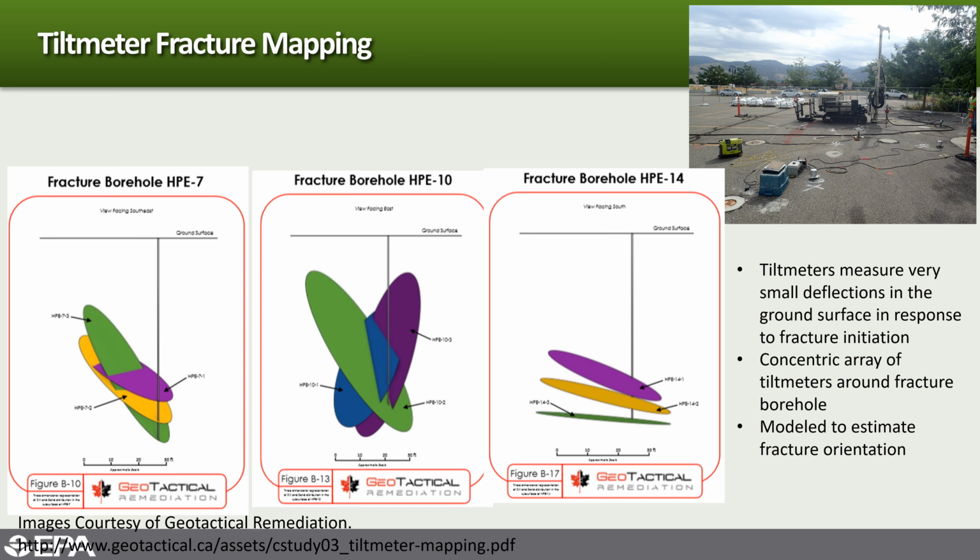And here are, of course, in each one of these locations, based on the high-resolution site characterization data and some of the visualization data, specific zones that they wanted to target for fracturing, but then they can also use the tilt meters and some modeling to estimate the orientation and propagation of those fractures at each one of these locations. So we can see the depth, the angle that they think the fracture was propagated at, and really get an understanding of how good the effort was to enhance the permeability within that source zone.